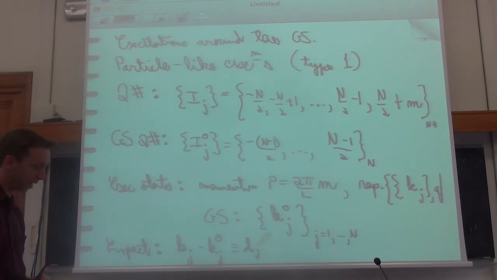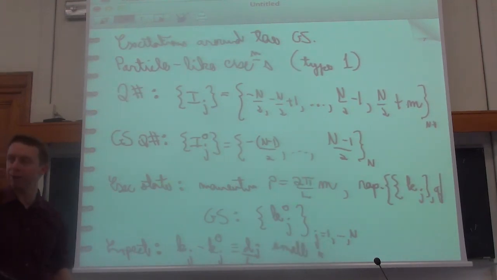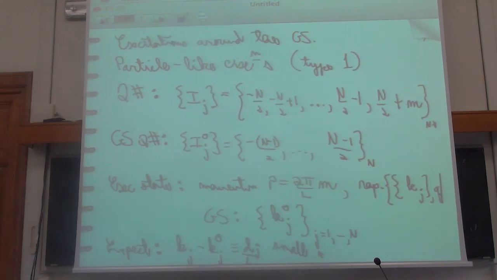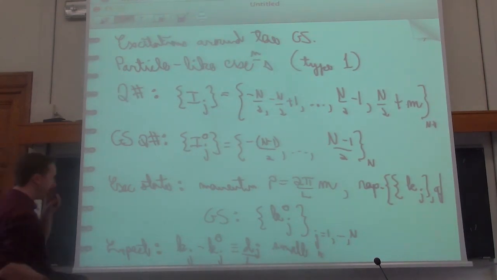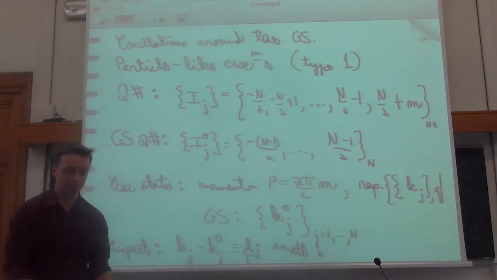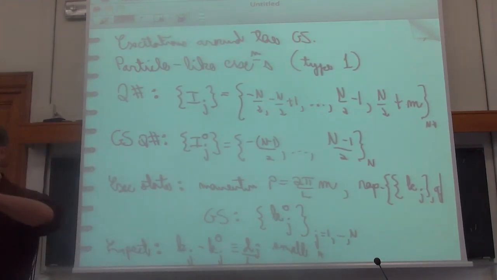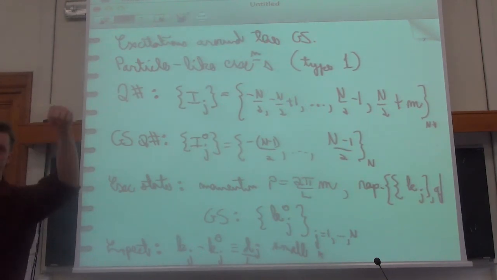We'll write this as dj, the displacement j, and since L is big, you expect it to be of order 1 over L. You have your set of rapidities in the ground state, you put an extra rapidity somewhere, and because of the coupling between rapidities in the Bethe equations, there will be a slight reorganization of your set of rapidities coming from the extra interaction term.